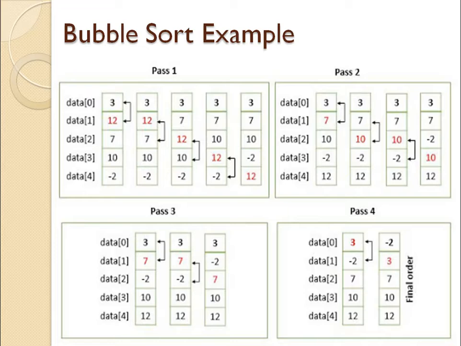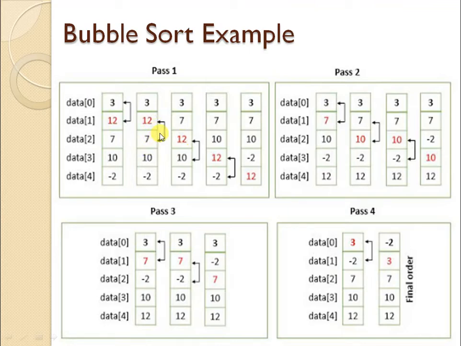Let us see this example to understand the bubble sort. You are given this list of elements: 3, 12, 7, 10, minus 2. So you keep on comparing the adjacent elements and swap them if they are in wrong order. So 3 and 12 are compared. 3 is less than 12, so nothing changes. 12 and 7 are compared. 12 is greater than 7, so 12 is swapped with 7.